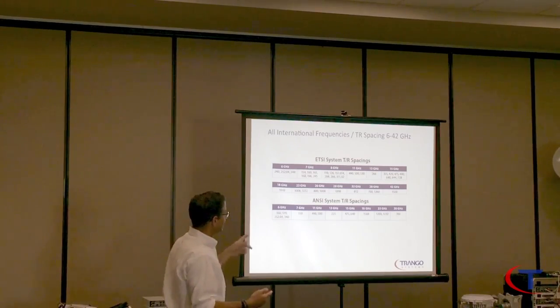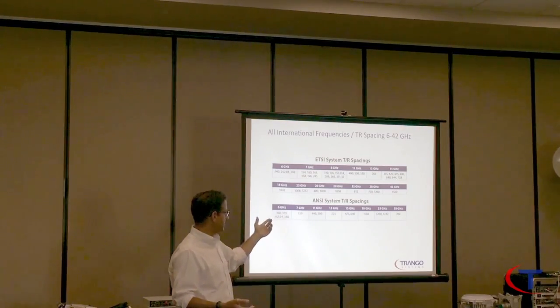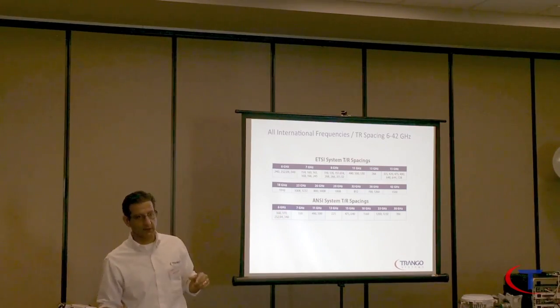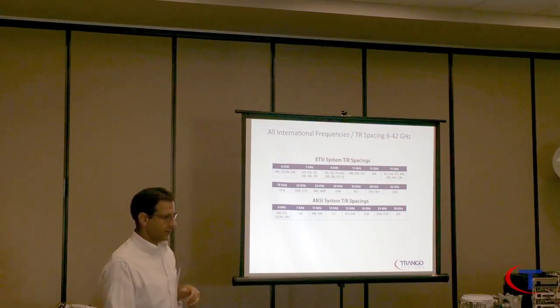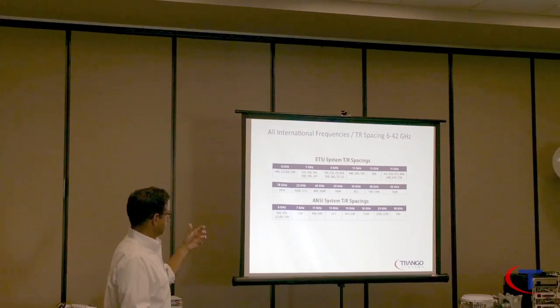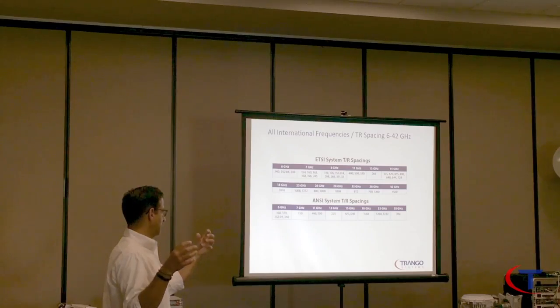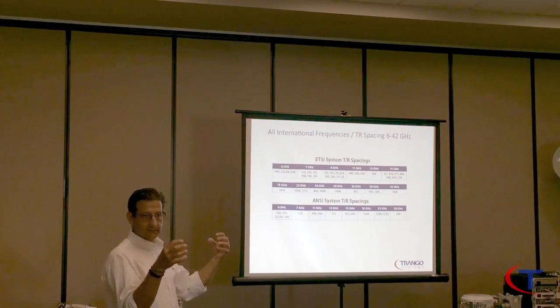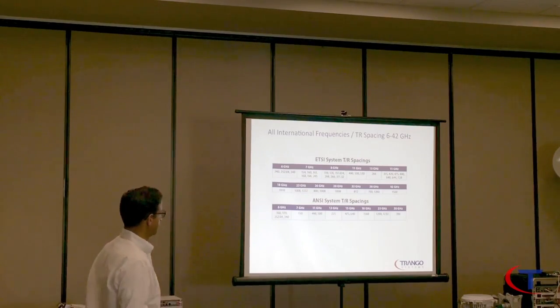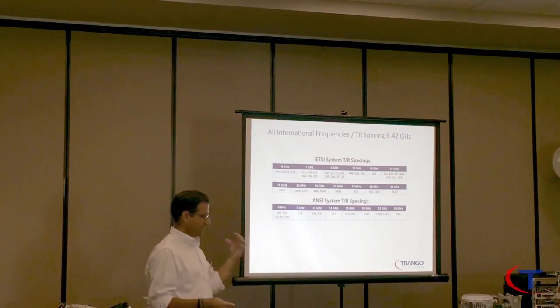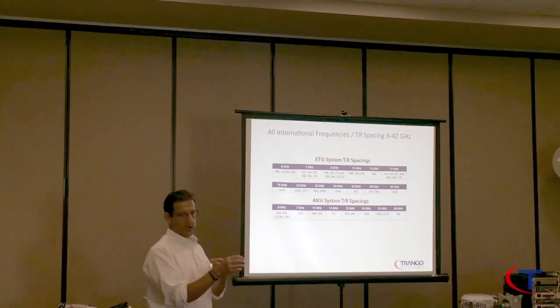At 18 gigahertz, that spacing, TR spacing, transmit receive spacing, is 1560 megahertz. So if you're at 18 gigahertz on one side, your other side is going to be transmitting at 19560. That's where the full duplex comes in, and that's to ensure that the two radios are not interfering with each other.